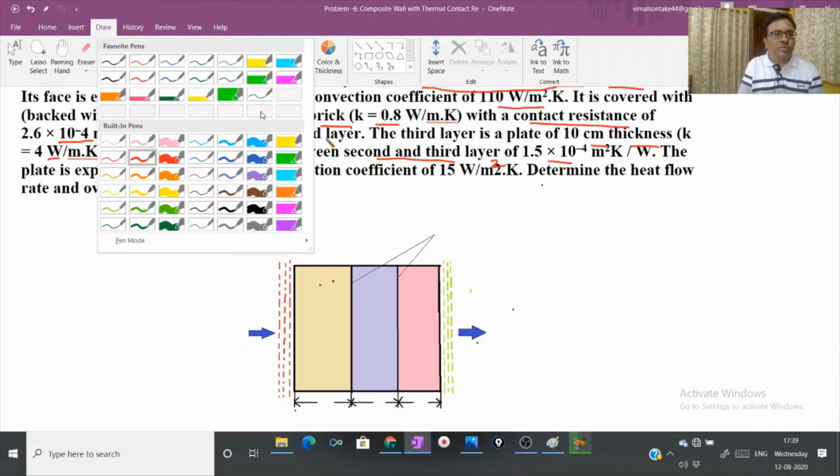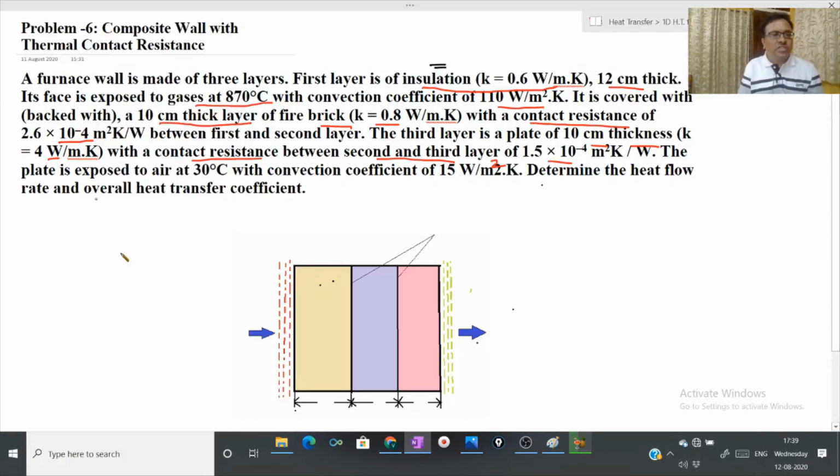So let us solve this problem by first drawing the schematic of this problem.